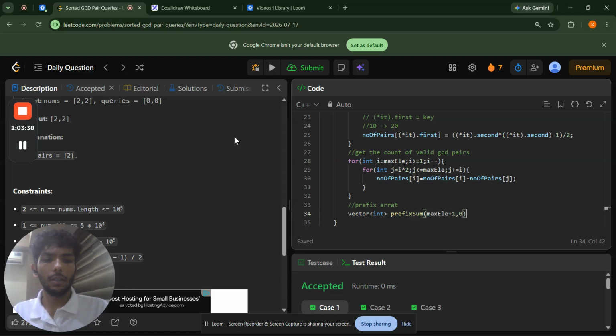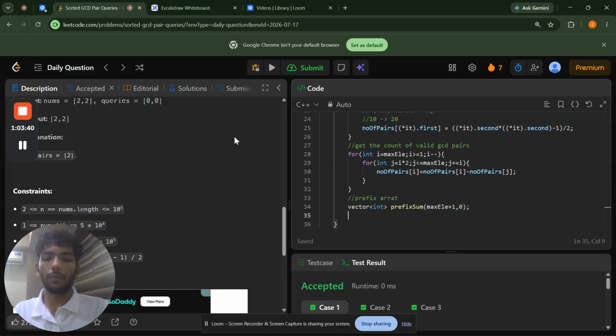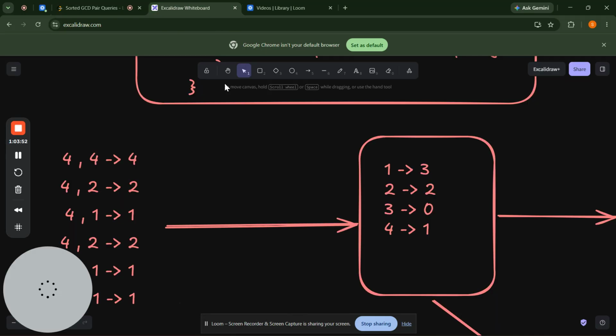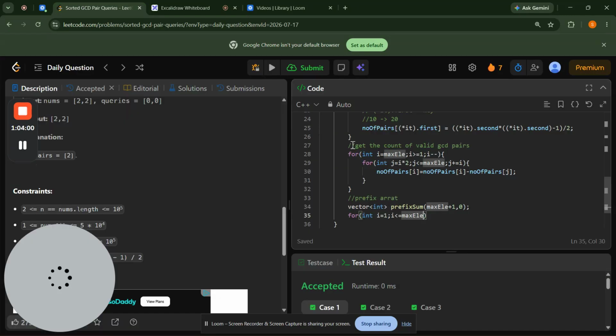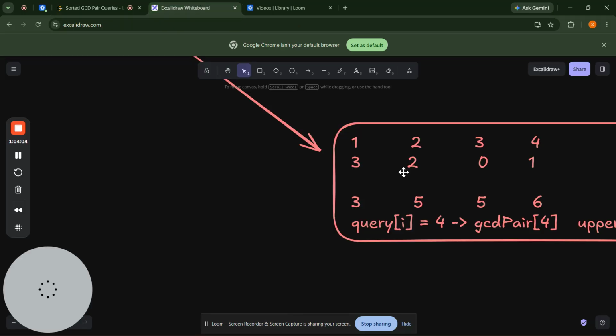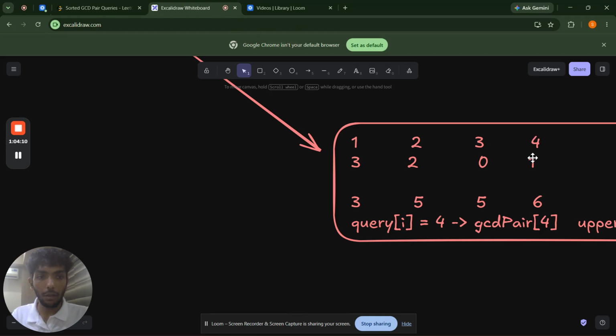And as of now, let's just assign 0 to index 1. Now for int i equals 1, as we have done, we start from 1 and move till the max element. For a particular element, say 4, till previous it was 3, and then we add 1.